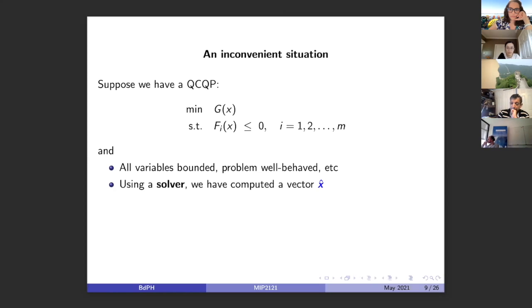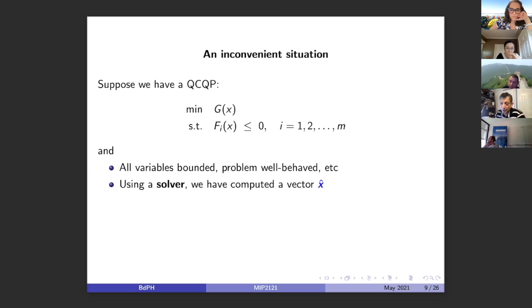The capabilities of these types of solvers, Knitro, IPOPT, are really remarkable. The quality of solutions that they compute for incredibly complicated and very large problems is just amazing. And I use them every day. In fact, I was using Knitro a few minutes ago. So I like them very much.